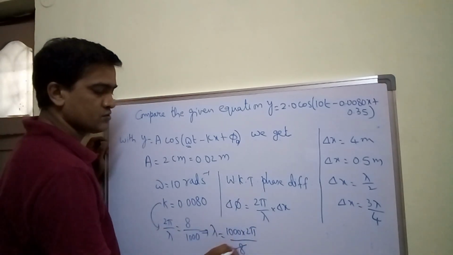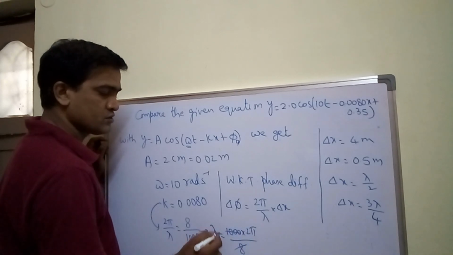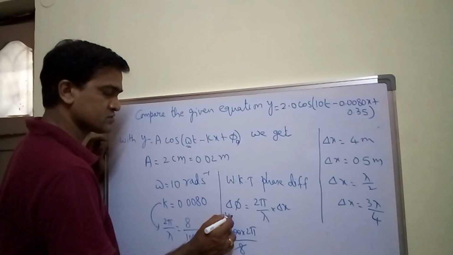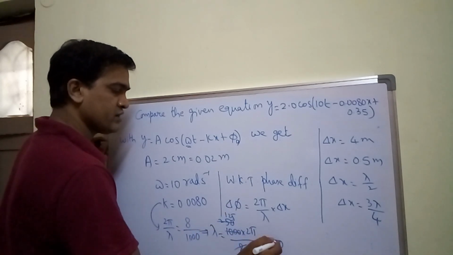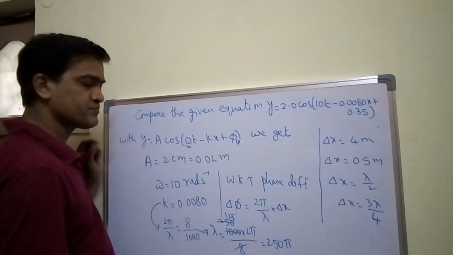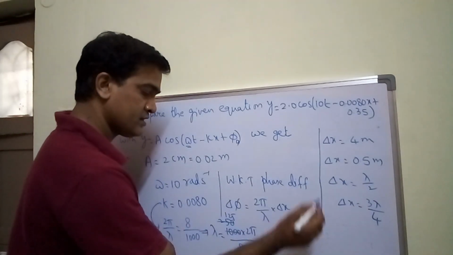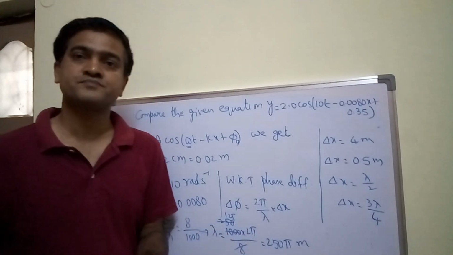Calculate this. 4 2s, 4 25s, and 2 1s, 2 125s. So which comes out to be 125 into 2, which is equal to 250. 250 pi meter is the value of lambda.